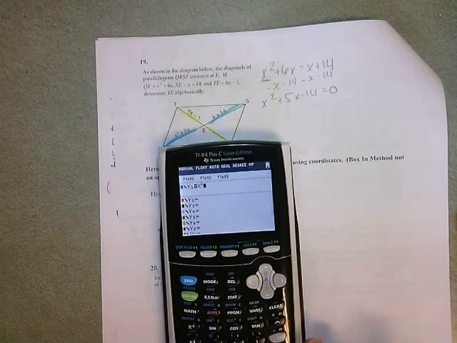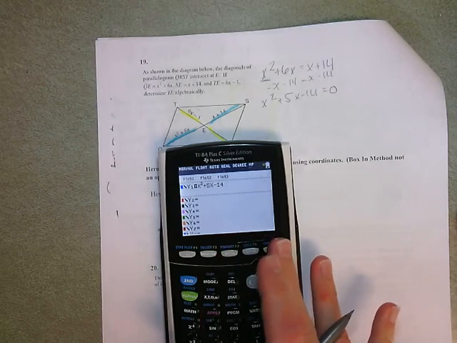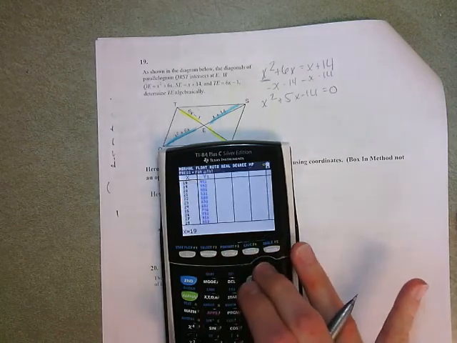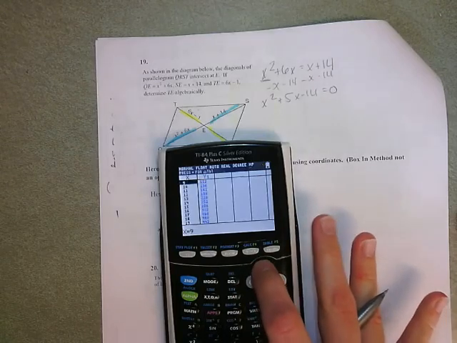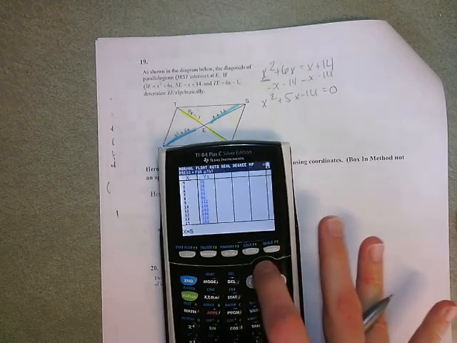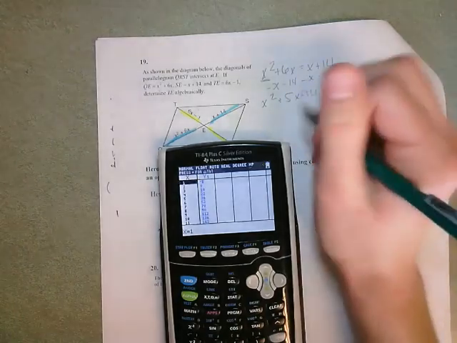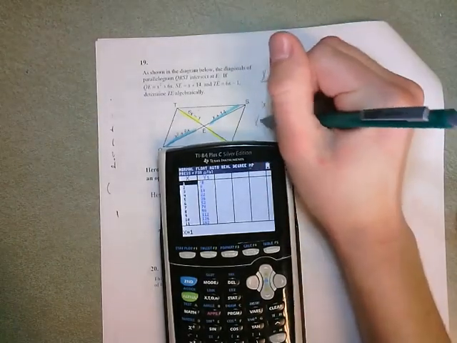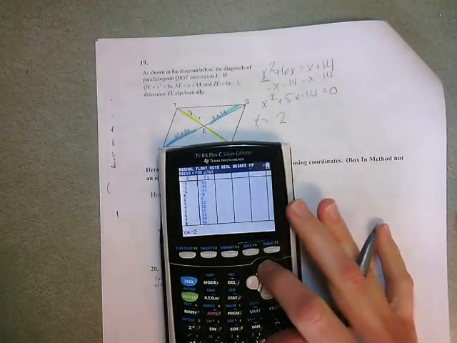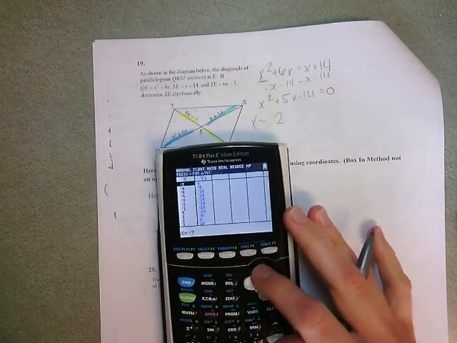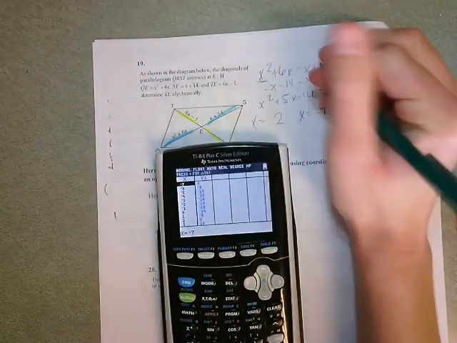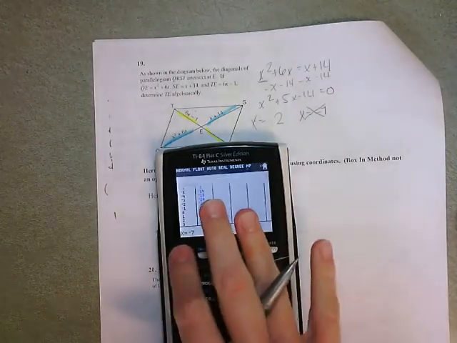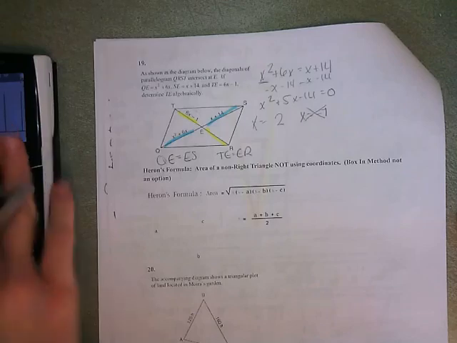Then look at the table. We have to find where y is 0, and those are your solutions. So x is equal to 2. And that is it, because you can't have a negative length. So the x equal to -7, we cross that out.